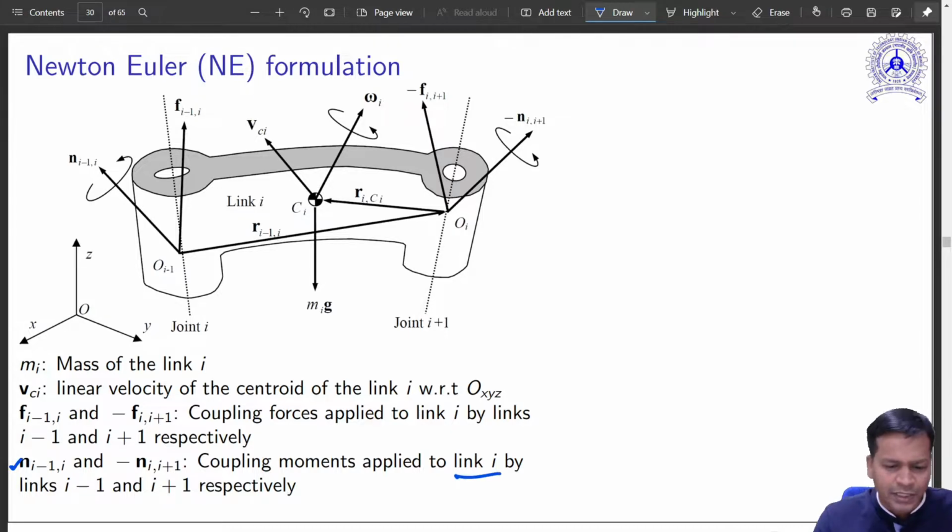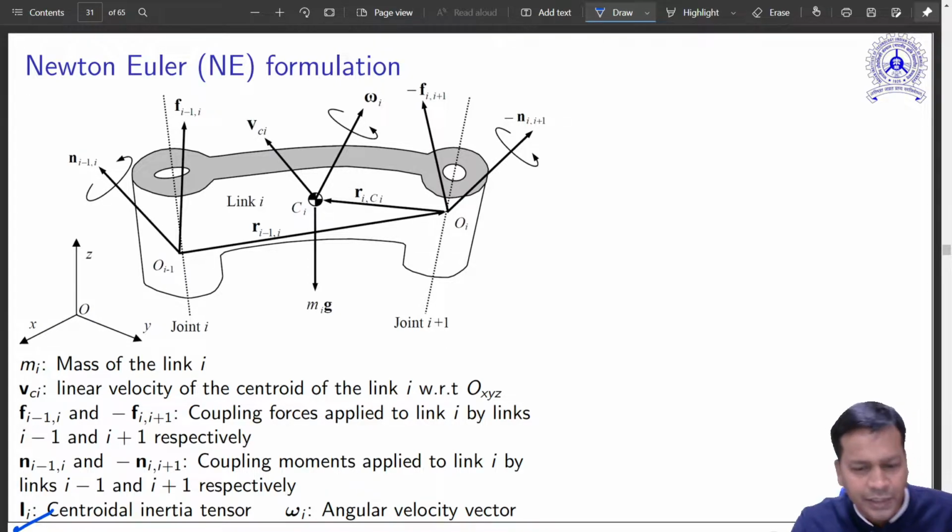So this is the ith link, and Ii is the centroidal inertia tensor, the moment of inertia tensor about the centroid. Omega i is the angular velocity vector.